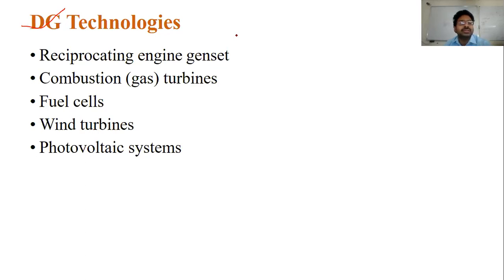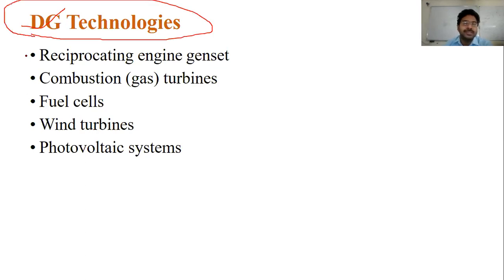We are not discussing technologies here, since for solar alone there are hundreds of technologies to improve efficiency, such as solar plates and PV cells. Here we discuss the different types of distributed generation.